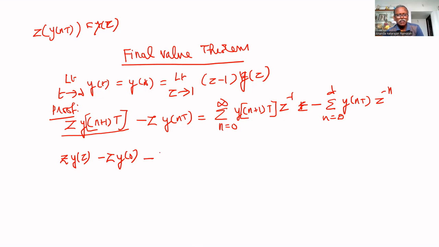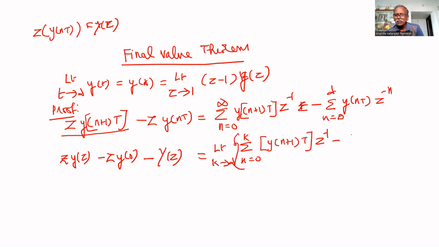For this, by definition, it can be written as limit k tends to infinity sigma n equal to 0 to k y of (n plus 1)t z power minus n, minus sigma n equal to 0 to k y of nt z power minus n.